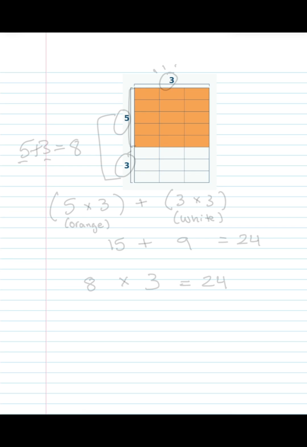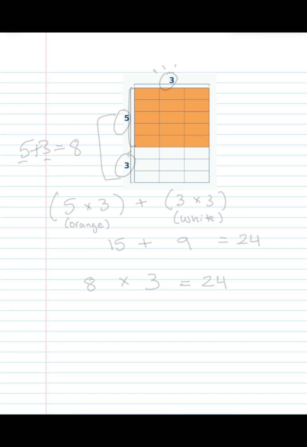So another tool that you might come across in order to find the area: sometimes the total number on one side of your shape or both sides of your shape is a large number, and you need to break it up because you don't know off the top of your head what the multiplication equals.